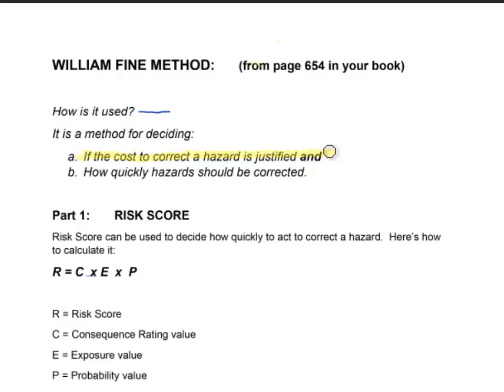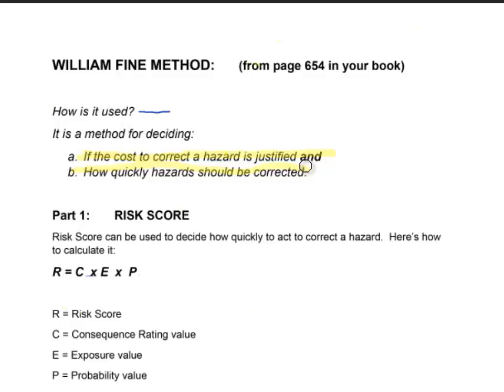Anyway, the first thing that the William Fine method does is it tells us whether or not the cost to correct the hazard is justified. And the second thing that it does, it talks about how quickly we should act to correct that hazard. So we get two pieces of information which are very vital for us by using the William Fine method.